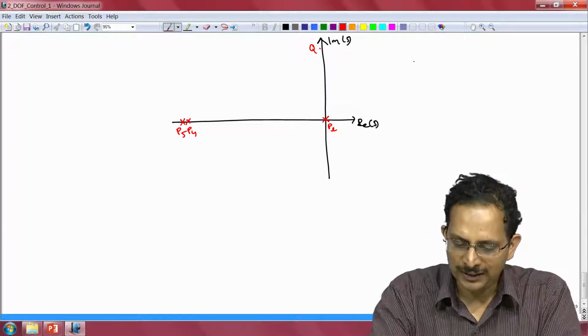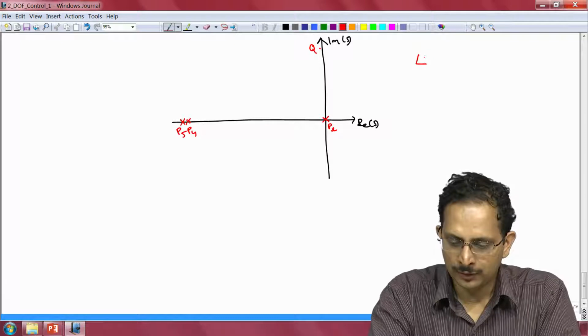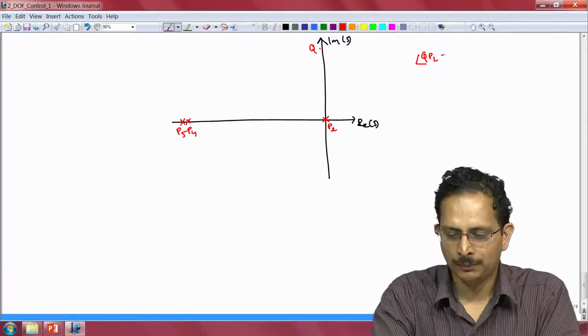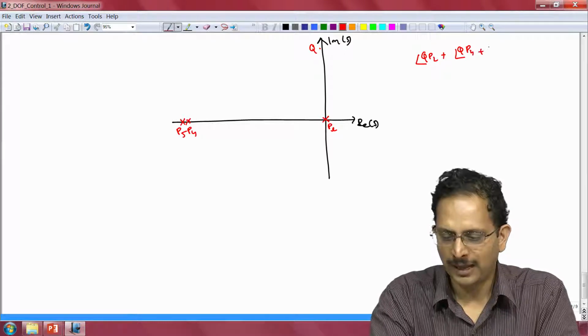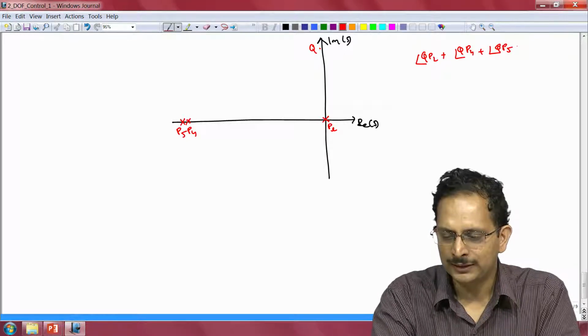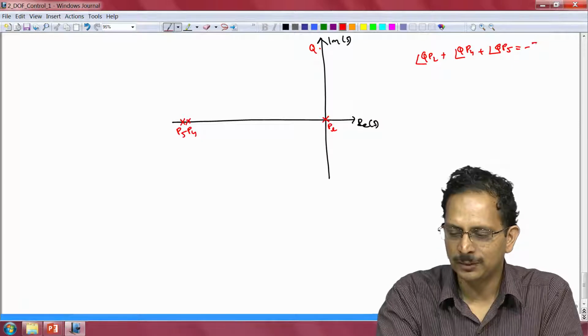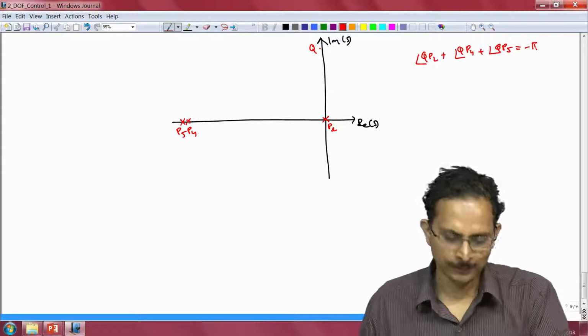So what this indicates is that the angle of QPL plus the angle of QP4 plus the angle of QP5 should be equal to minus pi, or minus 180 degrees.